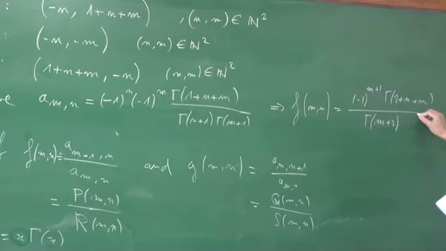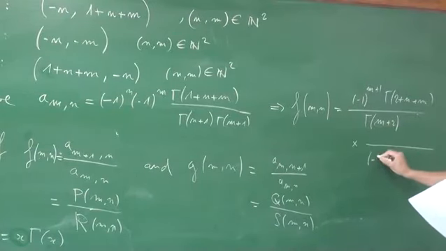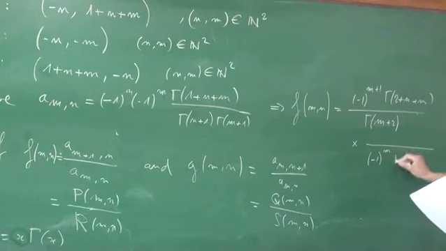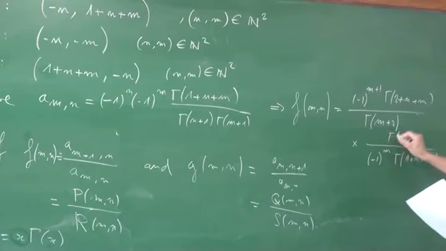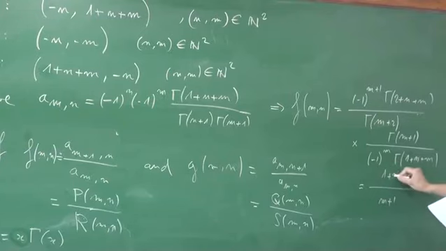Divided by this one, which is times minus 1 to the power m times gamma of 1 plus m plus n. And here I have gamma of m plus 1. Therefore, it is equal to this with this m plus 1. This with this gives 1 plus m plus n over 1 plus m. Okay?